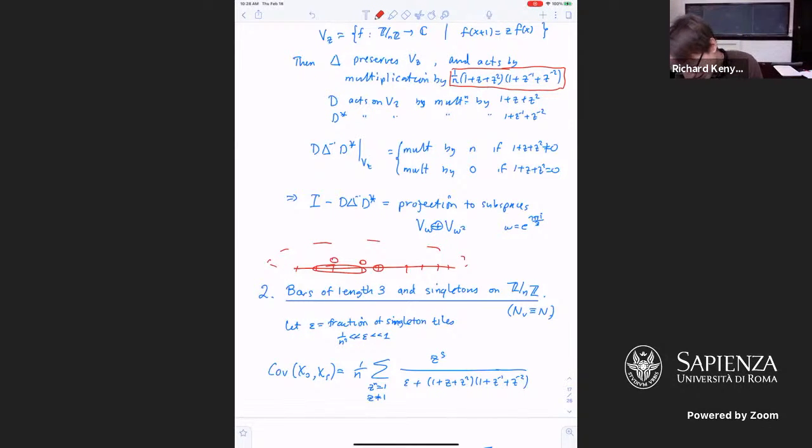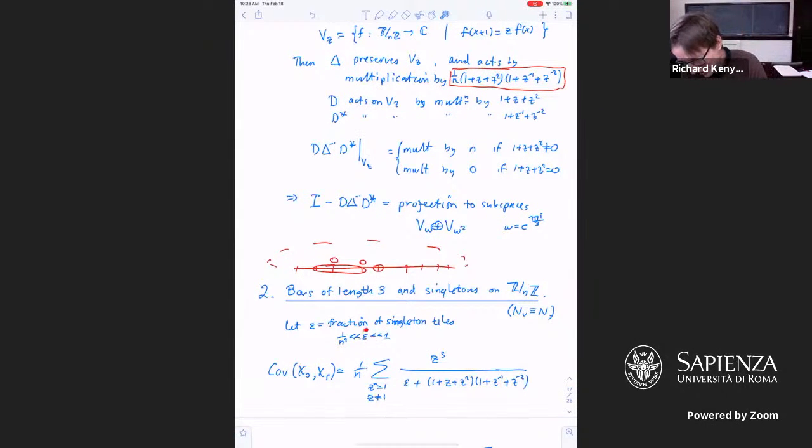So let's consider this fraction of singleton tiles to be epsilon, and you might object that now my tiles no longer all have the same size, but everything I've set up to now can be adjusted so that the tiles have different sizes, and you can prove everything I did with tiles of different sizes.